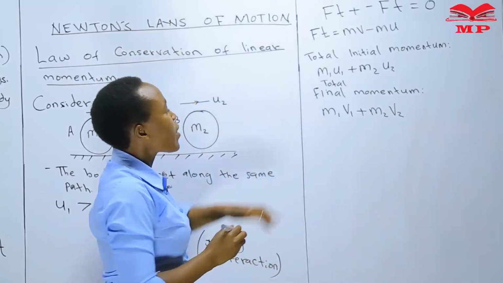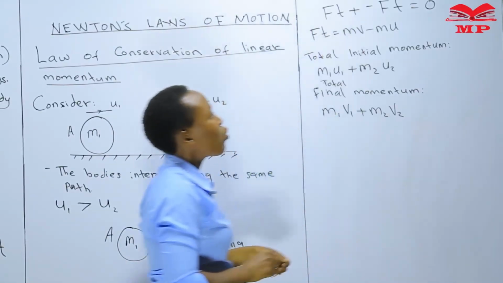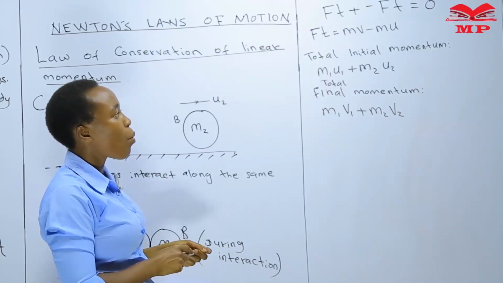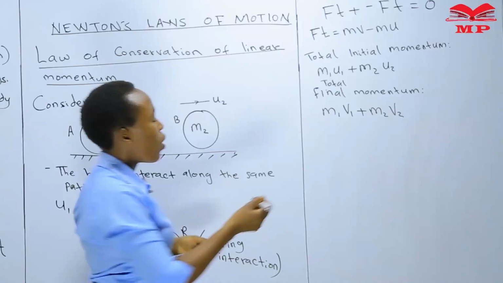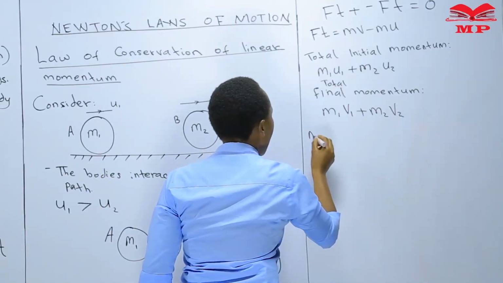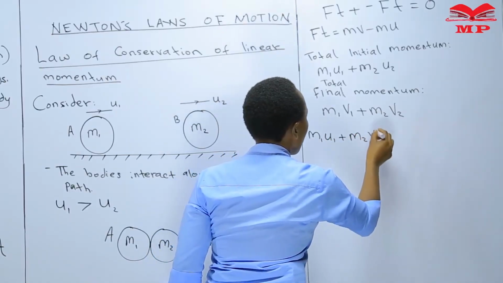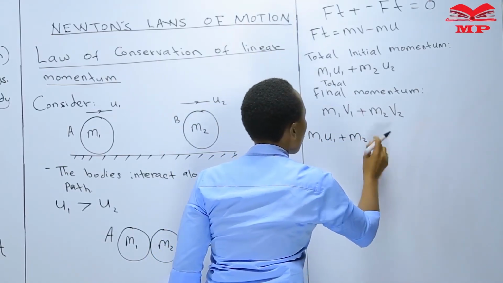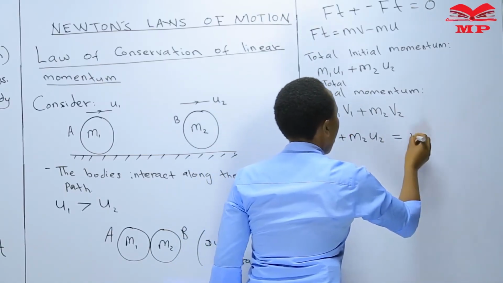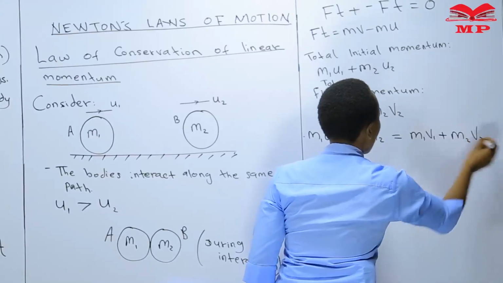Because we have seen clearly that when we add the two impulses, that is the change in momentum, we get 0. Therefore, the total initial momentum m1 u1 plus m2 u2 is equal to m1 v1 plus m2 v2.